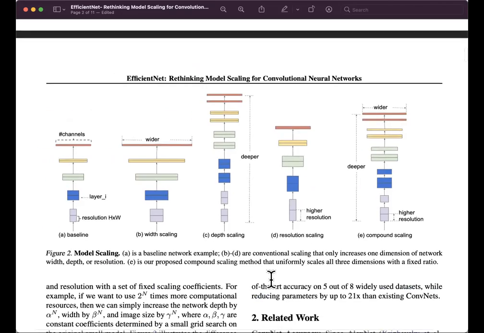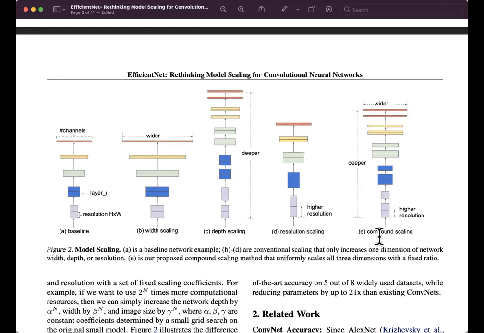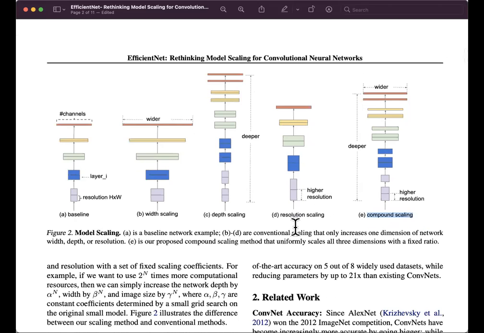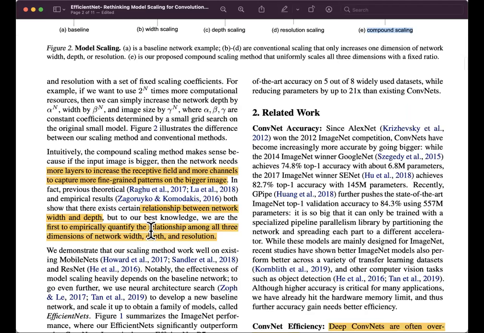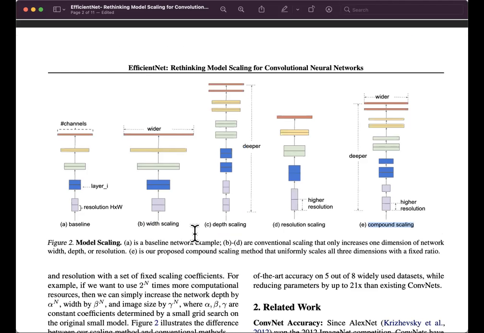So let's just recap the proposed compound scaling for width, depth, and resolution, where width is the number of channels, depth is the number of layers, and resolution is the resolution of input.